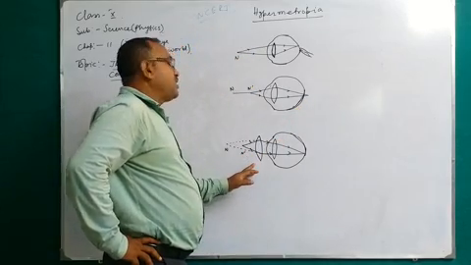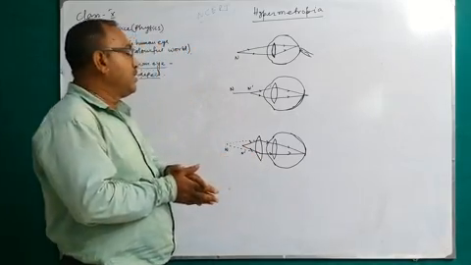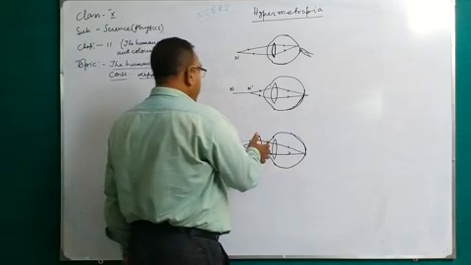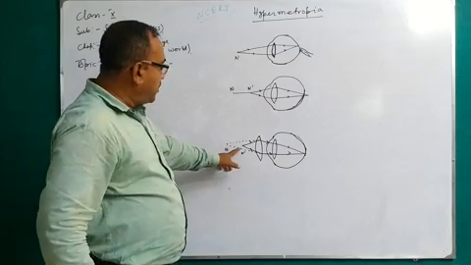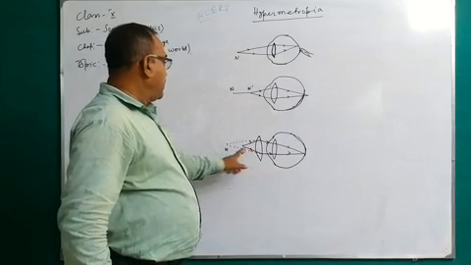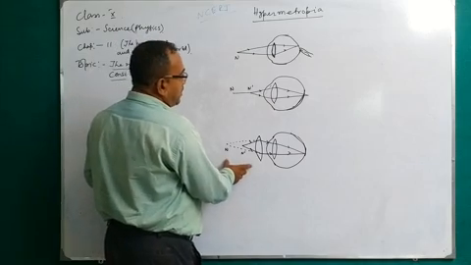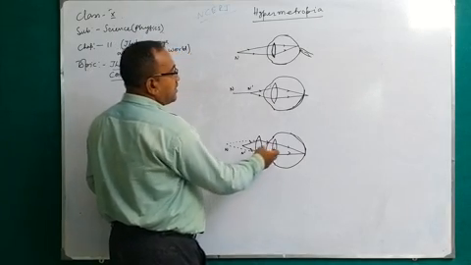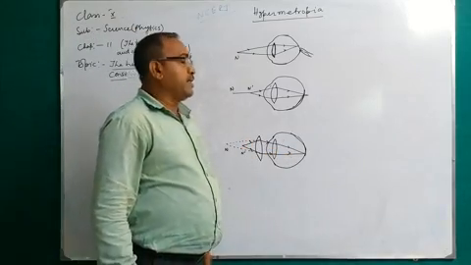If you use this type of lens, a convex lens, a converging lens, in front of the eye lens, then the near point for the defective eye is here. When you use it, the near point is this. So at 25 centimeter the object is seen, and the image is on the retina.